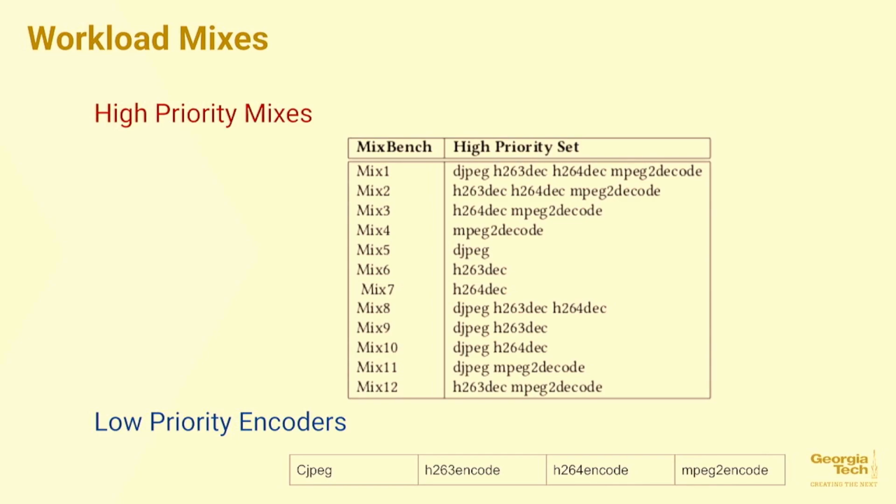So we use a heterogeneous mix of decoders as high priority processes, and also a homogeneous mix of San Diego Vision based benchmarks as high priority processes. For all these heterogeneous and homogeneous mixes, the set of encoders were run as low priority processes.